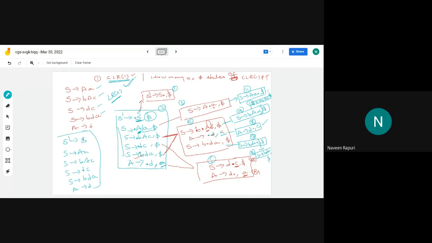So this is the way to find whether the given grammar is a CLR1 grammar or not.